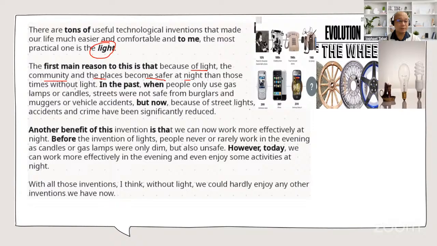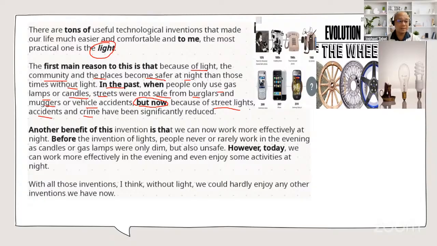In the past, when people used gas lamps and candles, streets were not safe from burglars, muggers or vehicle accidents. But today, because of street lights, accidents and crimes have been significantly reduced.